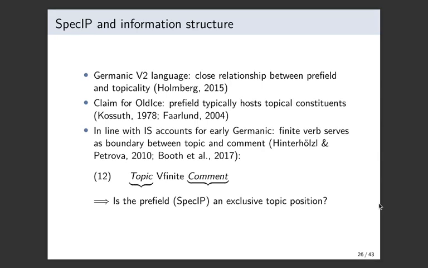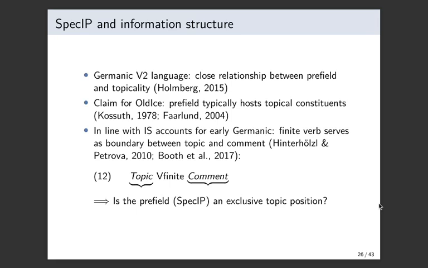So in a Germanic verb second language, there's typically a close relationship between the prefield and topicality, and the prefield is spec IP in our terms. And it's indeed been claimed for Old Icelandic that this prefield position typically hosts topical constituents.